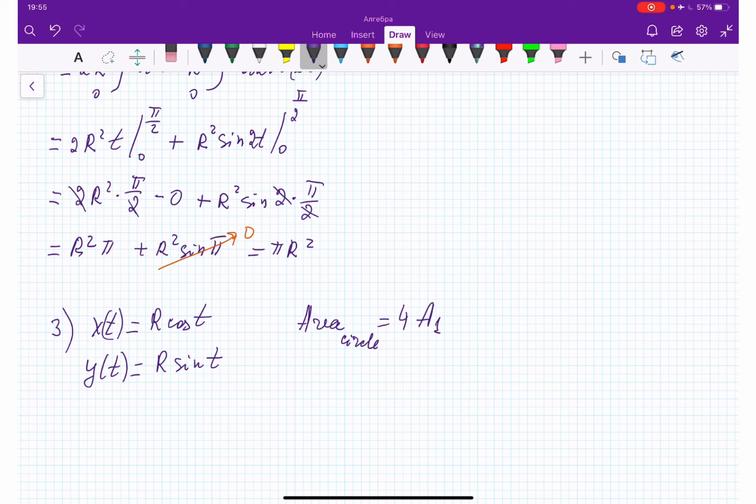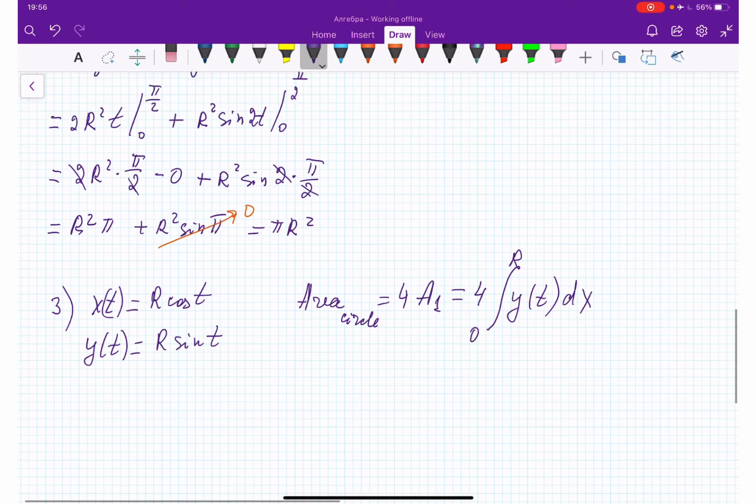I wrote that down at the beginning. Since we have 4 times, it's running from 0 to r, and we write the function y of t dx.